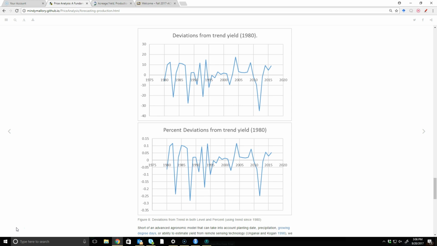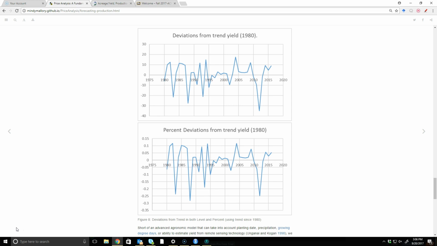Now, you do have to make a decision. Are you going to use deviations from trend in levels or deviations from trend in percent? And I've plotted them both here, and you can see they have a generally similar shape, but the one that is on top is a deviation from trend in levels, and that's going to exaggerate the impacts of deviations from trend in more recent years because that yield realization line was trending upward, and the deviations were probably getting a little more volatile.